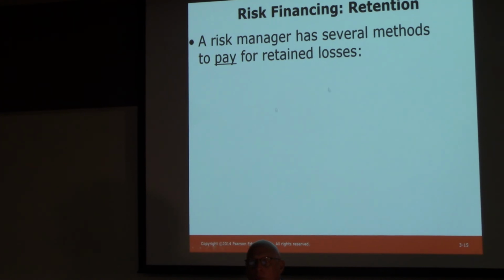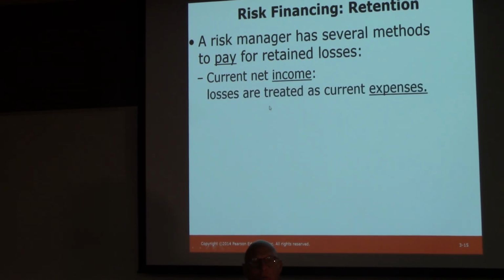So there are several methods to pay for retained losses. Okay, out of current income. Okay, and so you treat your losses as current expenses. So generally speaking, like an allowance for a doubtful account, after a while, after a history or a period where you're running your business, you get a sense of what the cost of your losses will be each year, and you just keep that in the bank to pay for it.